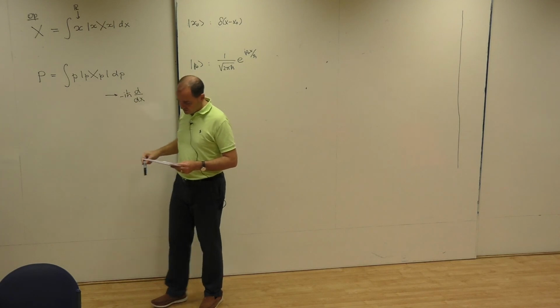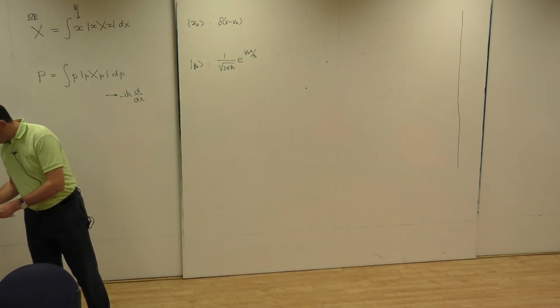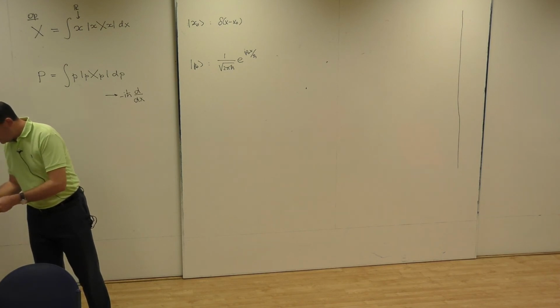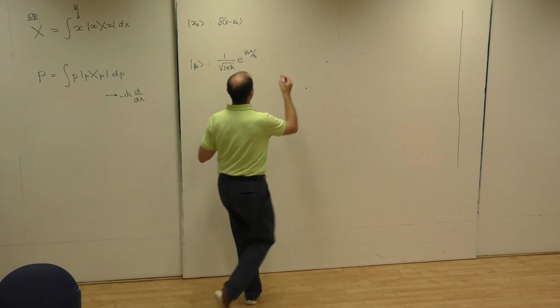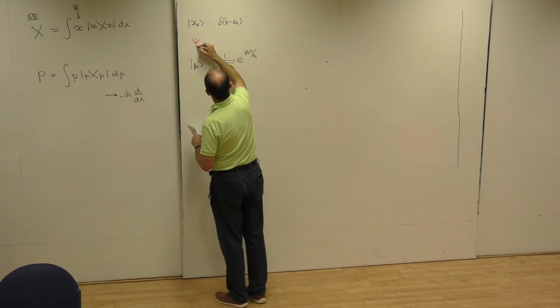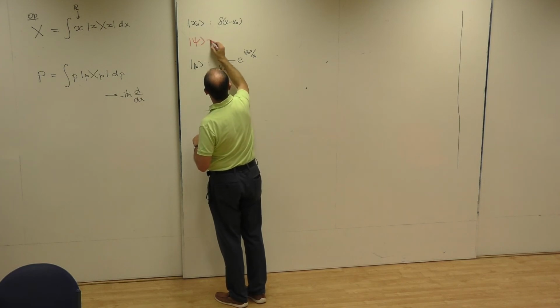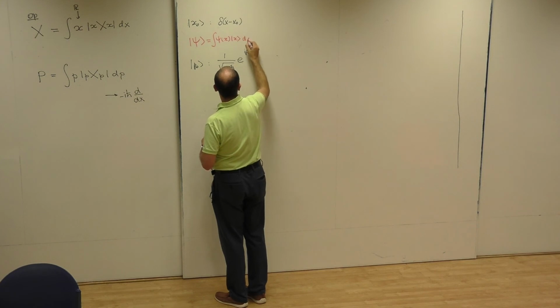Then what would you get? Well, you don't need too much imagination to see what's going to happen there. So we could have defined a wave function. Here the wave function is psi equal to integral psi of x |x> dx.